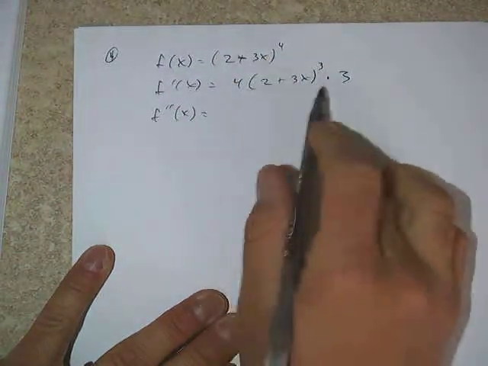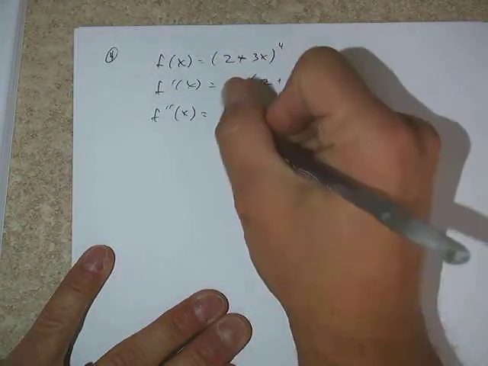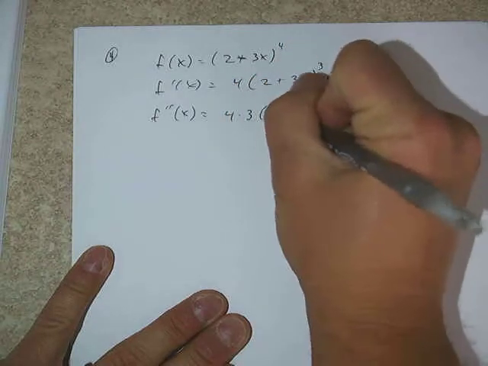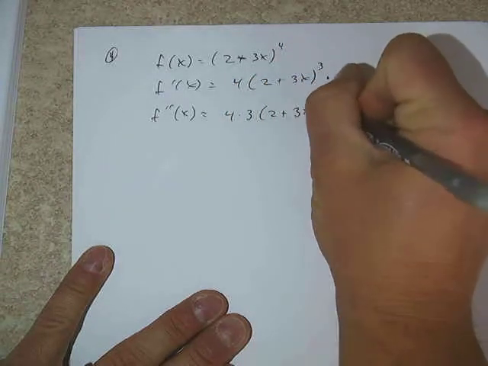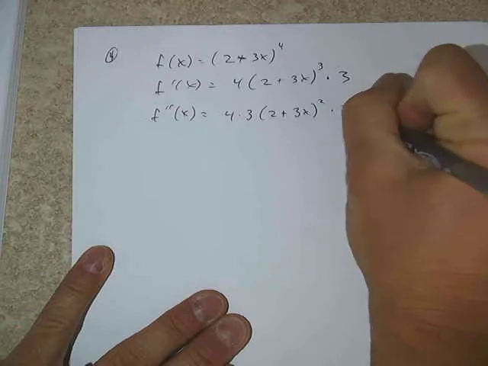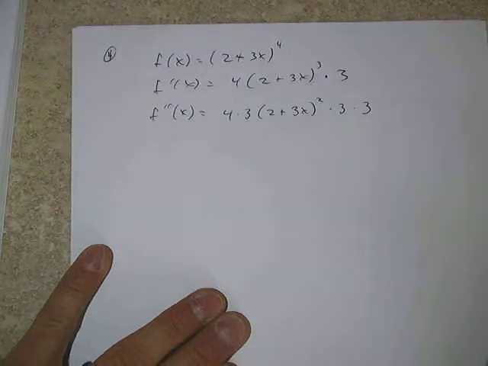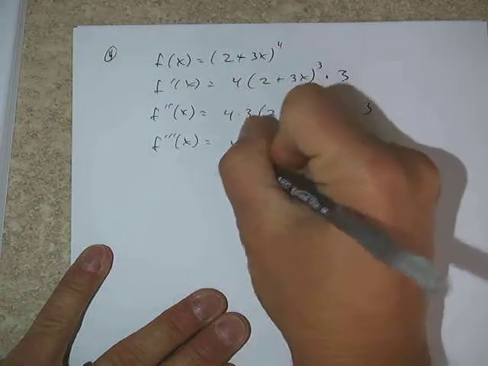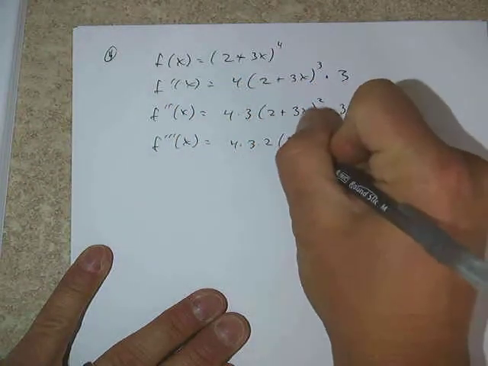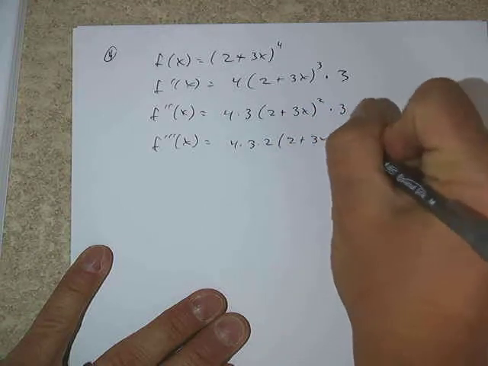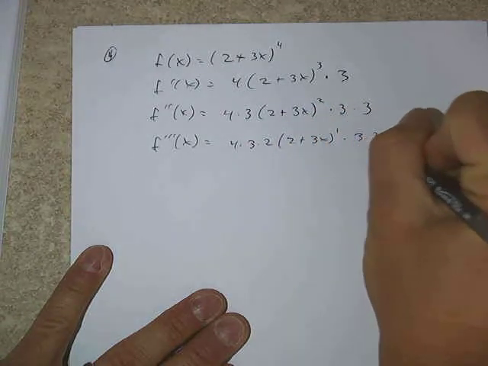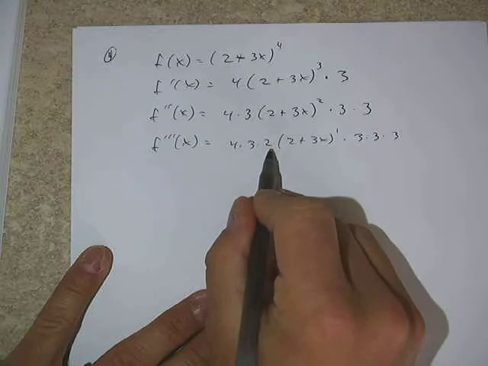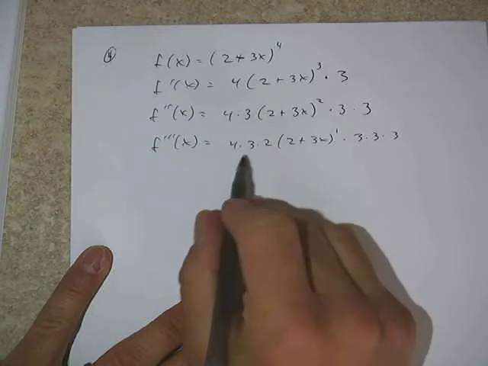And as you can see, the answers that we're getting here are patterns, if you will. I didn't simplify that. If I keep this as is, if I do 4 times 3 now, 2 plus 3x to the 2 times 3 times 3, we're going to be multiplying it by another 3. And then if we do that same thing for f triple prime, we're going to get 4 times 3 times 2.